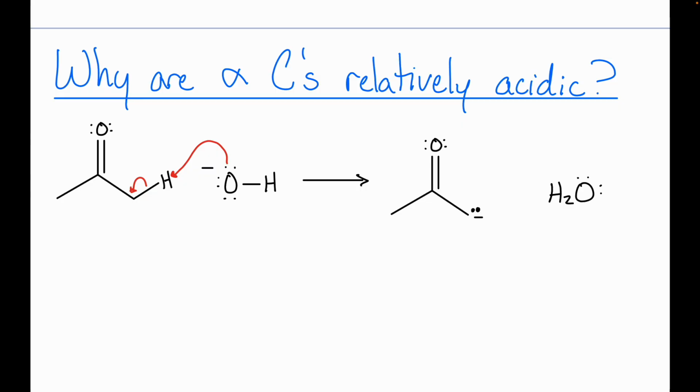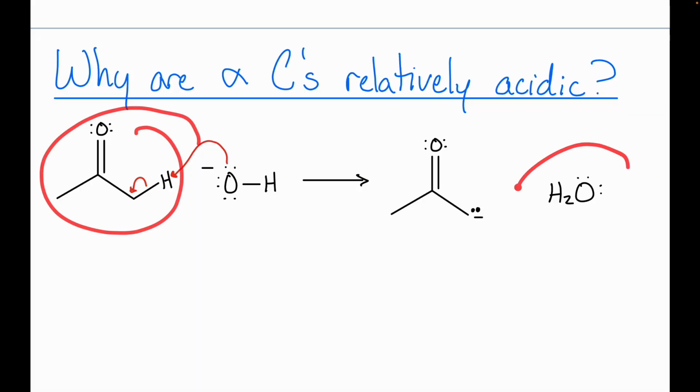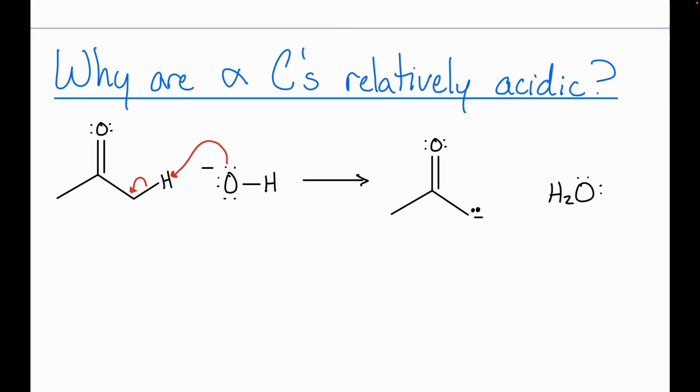We can predict the direction of our equilibrium by looking at the pKa of our acid and our conjugate acid. This has a pKa value of 20, whereas this has a pKa value of 16. The stronger acid wins, so this reaction does favor our reactants here, but not all that strongly. All right, we still get some product that forms here.